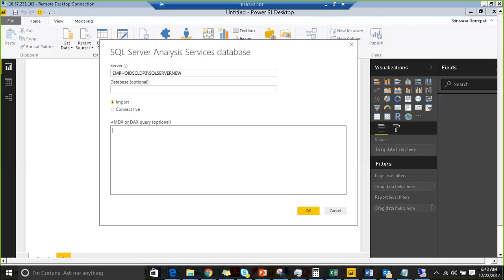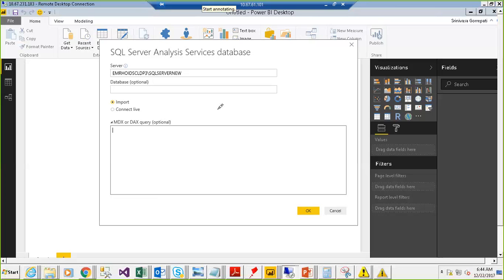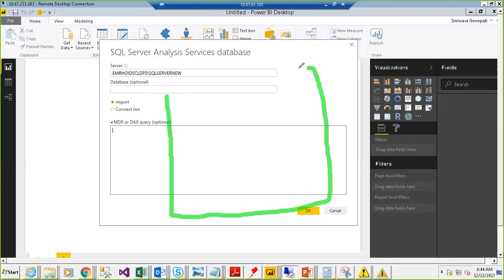Let me write that through a diagram. You have your own machine.